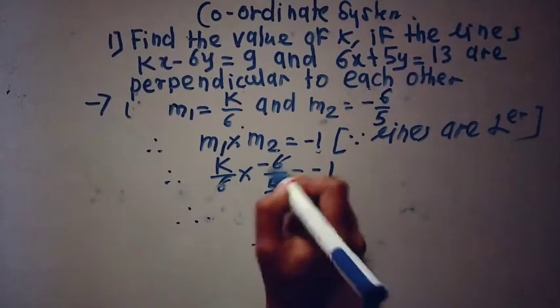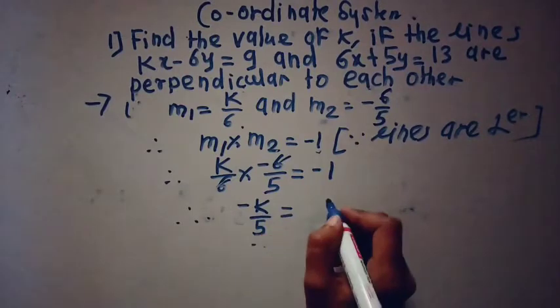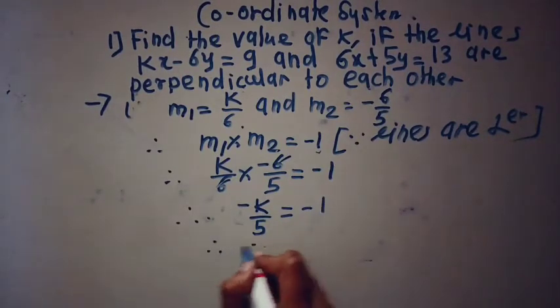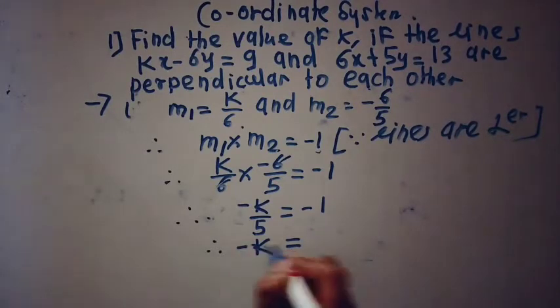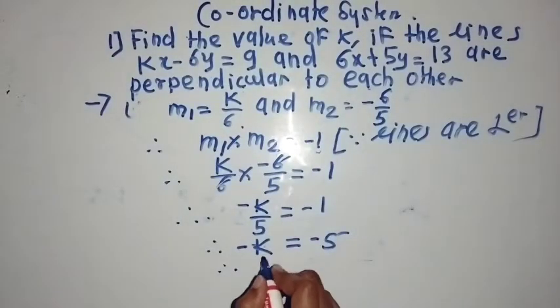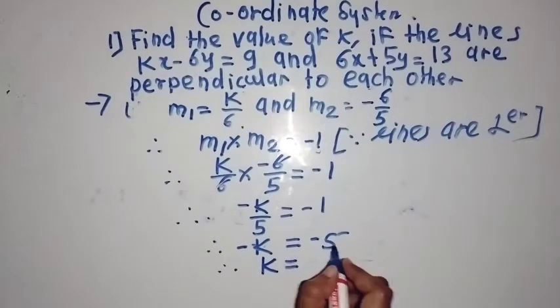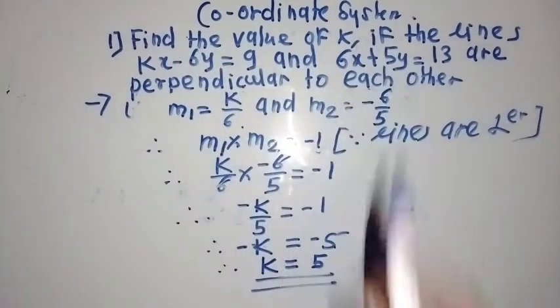This 6 and this 6 cancel and we get minus k upon 5 is equal to minus 1. Hence we get k is equal to 5. Hence this is the value of k.